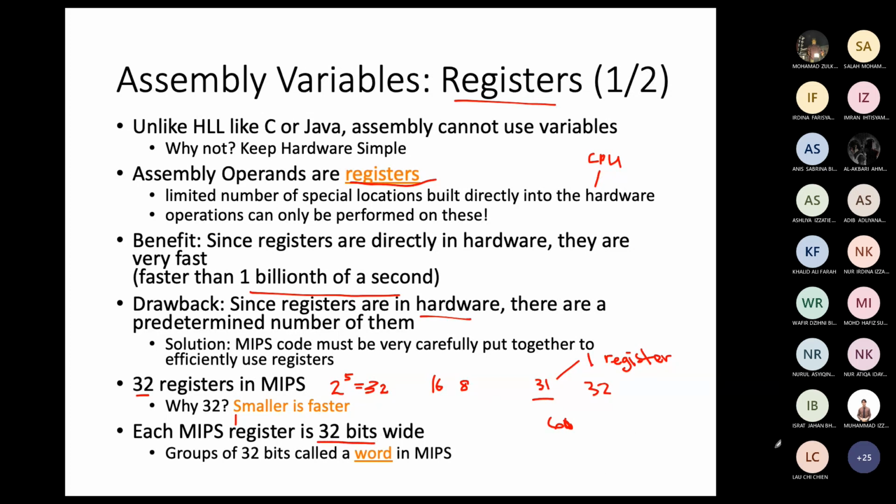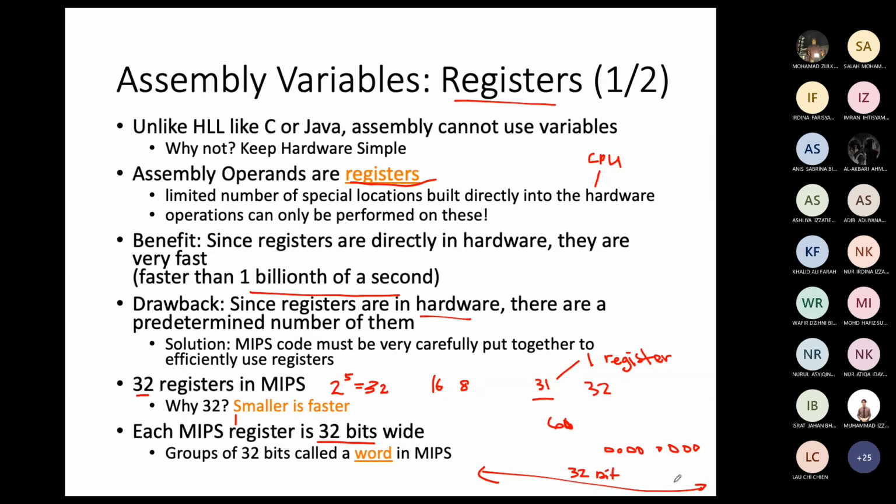It means within that register, it can contain 0, 0, 0, 0, 0, 0, 0 and so on, until you get 32 bits of data. So that's 32 bits wide.